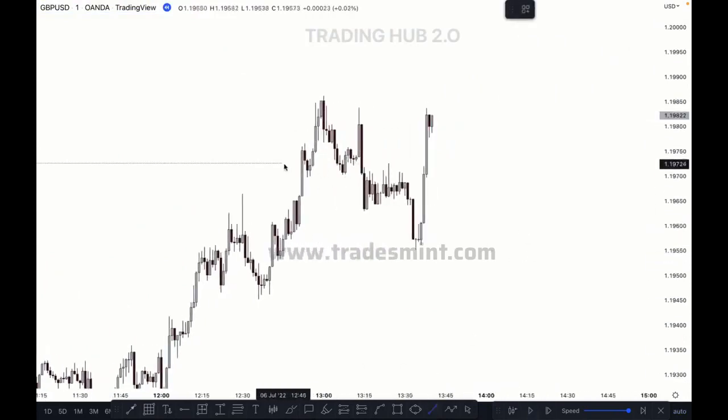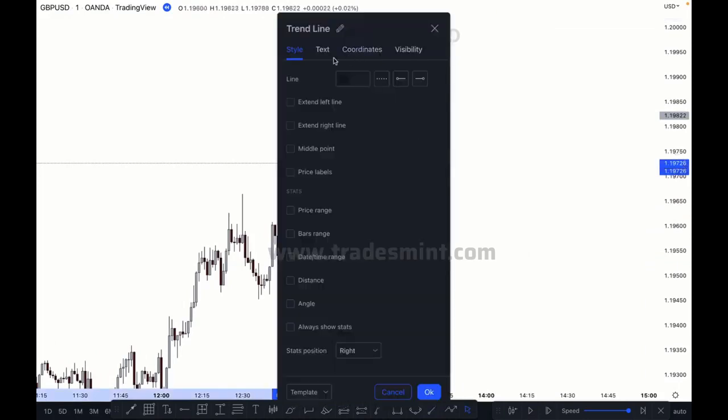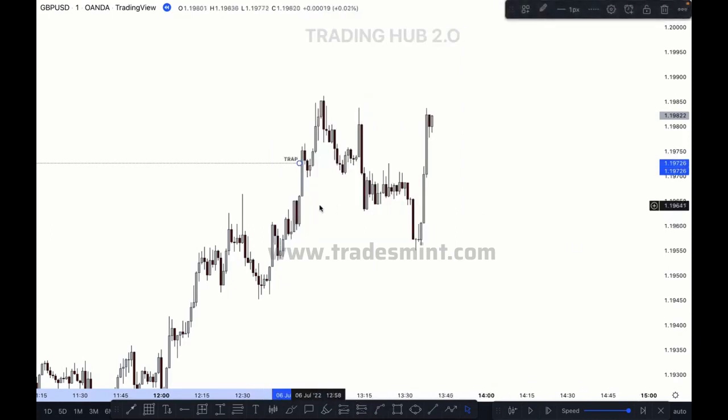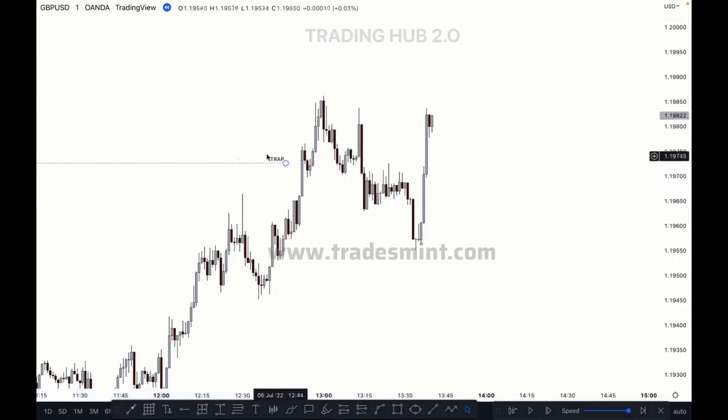So as you can see here, the market has taken out the trap, and this is our trap, when most of the traders are looking to buy because the market closed above it. But I'm looking here for the sell. When can we sell? Apply entry type 2.